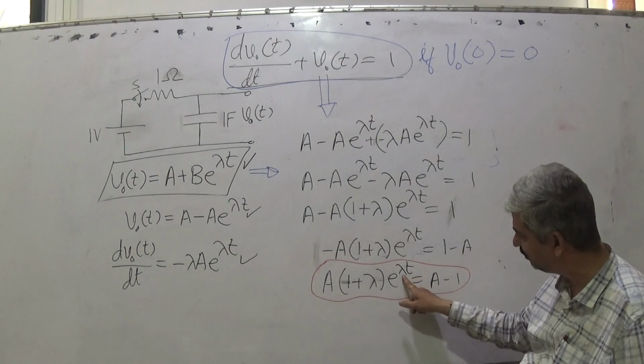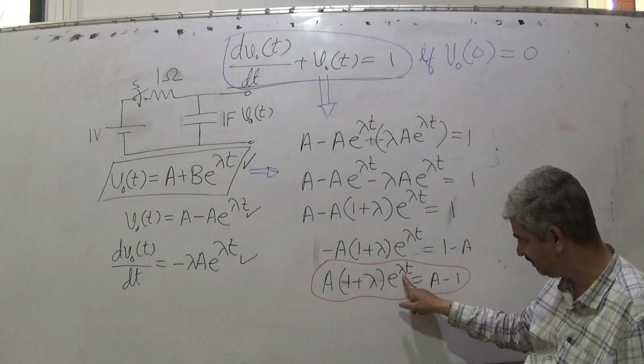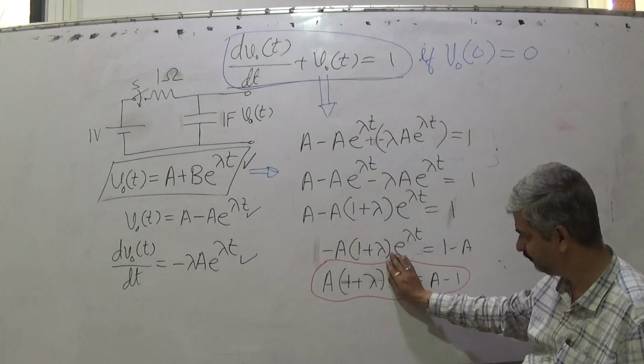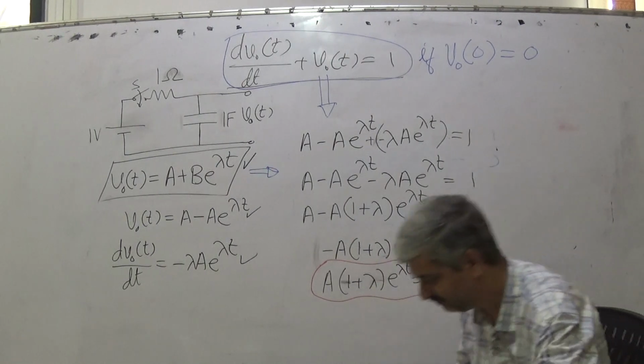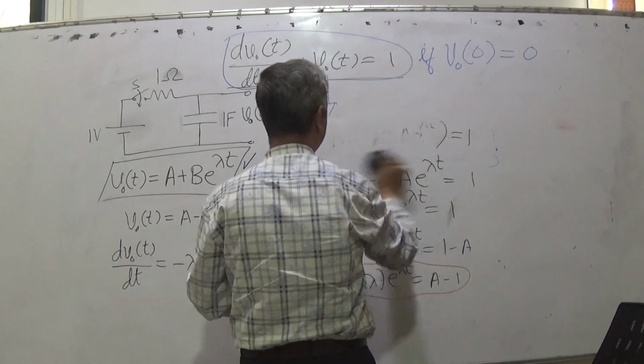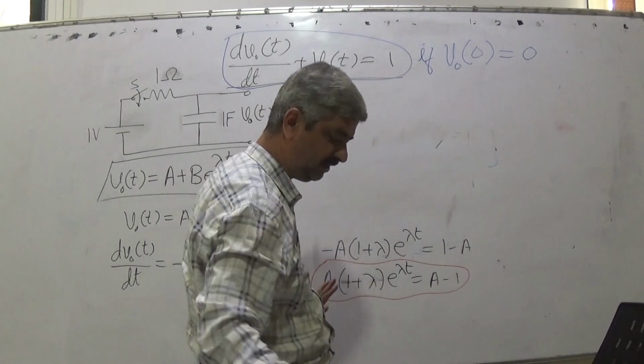So this expression is possible to be satisfied for all values of t if either lambda is 0. If lambda is 0, what will happen? This will be 1. Now just think of the solution, try your level best. So what is the expression?